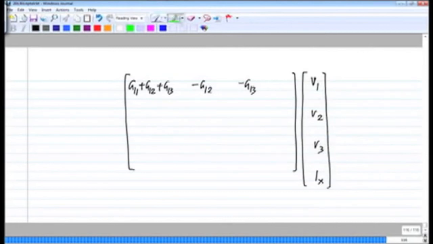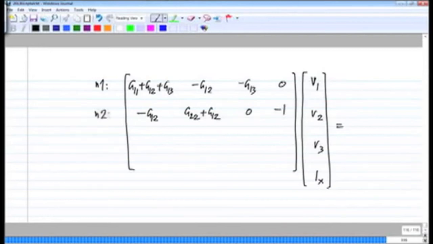In the first equation for node N1, the variable Ix doesn't appear, so the coefficient here is 0. In this case I will have minus G12 and here G22 plus G12. Here I don't have anything, and minus 1 because I have minus Ix.